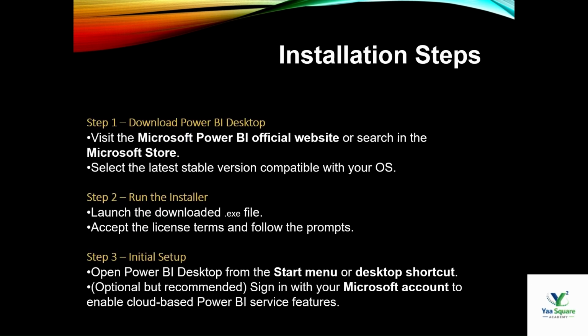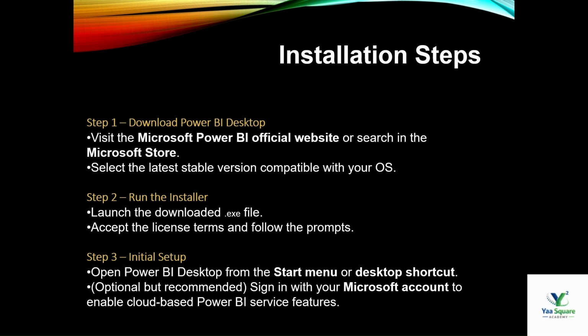Then how to install Power BI Desktop. First step, visit the Microsoft Power BI official website, or search in the Microsoft Store, and try to install the latest stable version compatible with your OS.